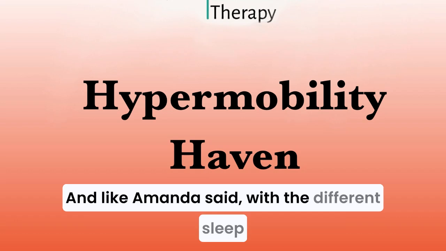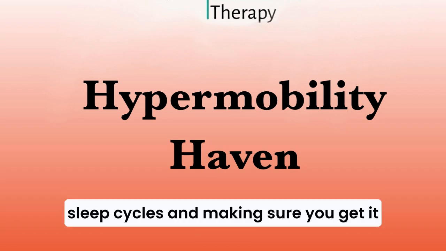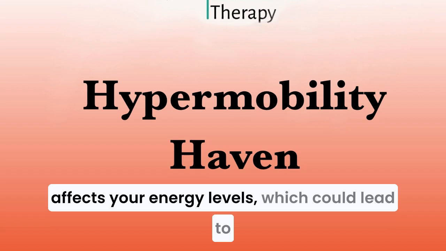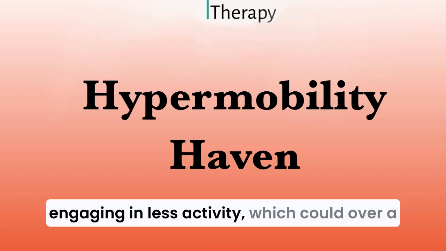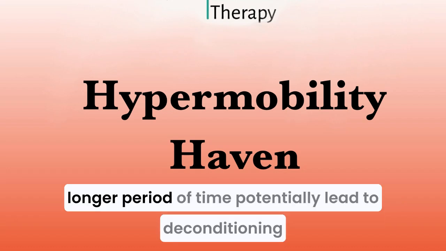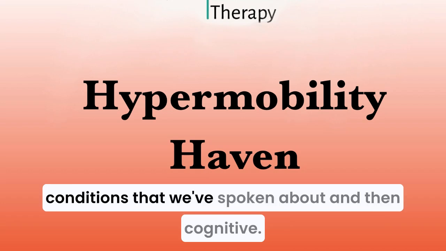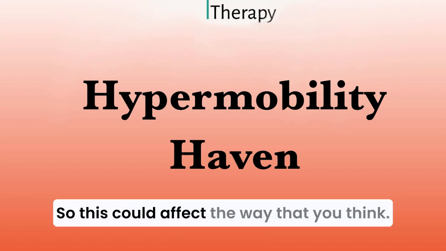And like Amanda said, with the different sleep cycles and making sure you get it right, it can get quite confusing and really affect your energy levels, which could lead to engaging in less activity, which over a longer period of time could potentially lead to deconditioning or weakness, which could affect other aspects of conditions that we've spoken about. And then cognitive, so this could affect the way that you think.